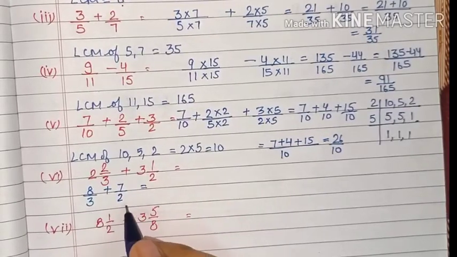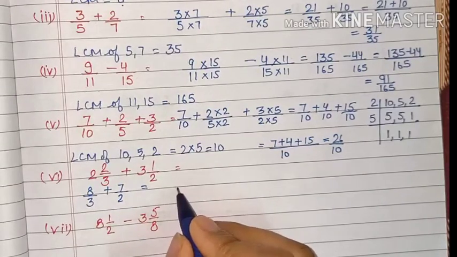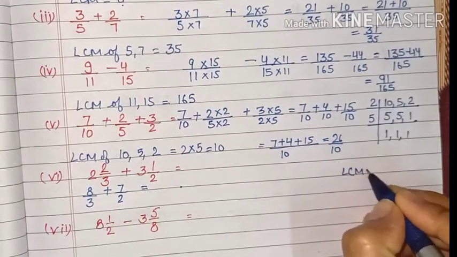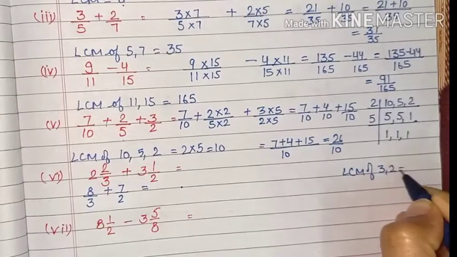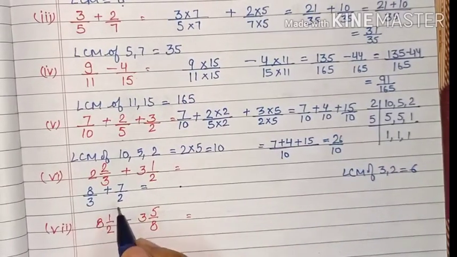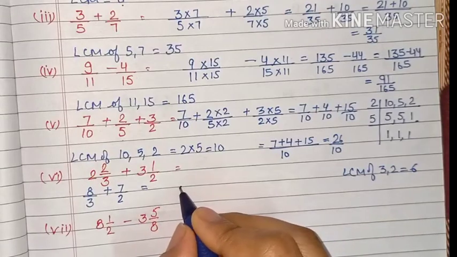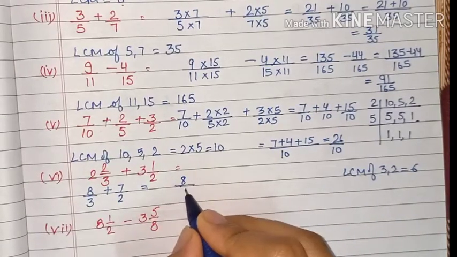Now we will find the LCM of this. So here the LCM of 3 and 2 will be 6, because both are prime numbers. So the LCM of these denominators will be the product of these denominators, that is 3 multiplied by 2, it is equal to 6. Now we will write equivalent fractions.